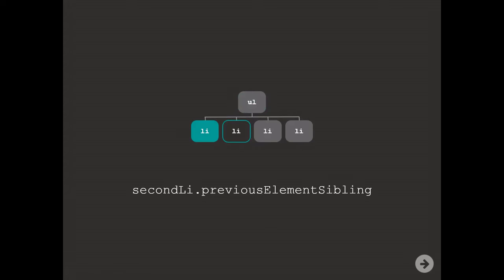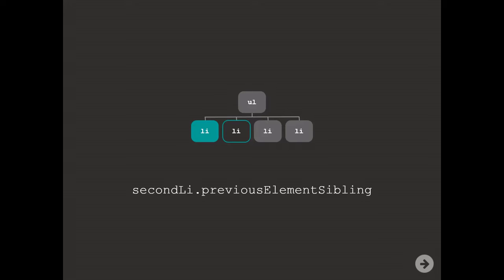So there is invisible text, even though we don't specify it in the code or see it, which is the new line between the list items. So if you navigate through the siblings using previousSibling or nextSibling, you will have to go to that empty line node. We'll see it in a bit when we get to the hands-on.